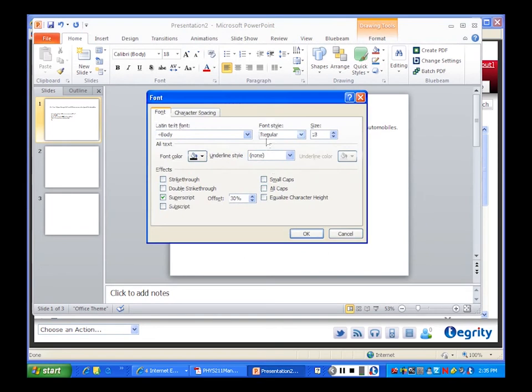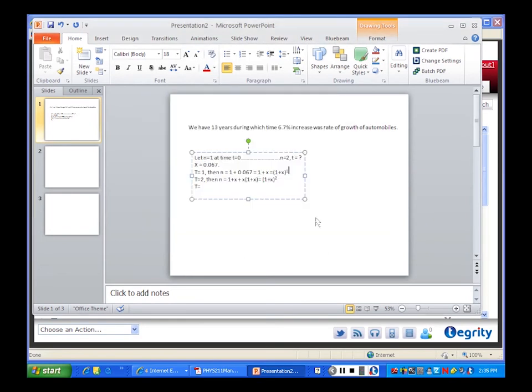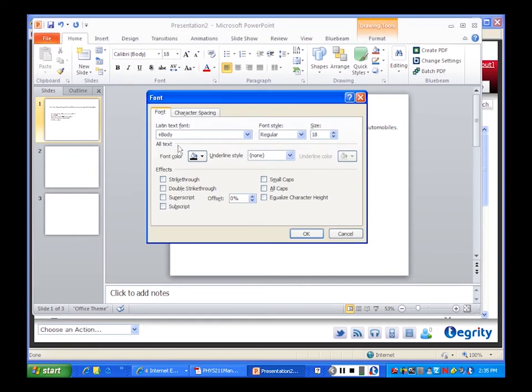Okay, so after year 1, the term 1 plus x is raised to the 1 power. After year 2, the term 1 plus x is raised to the 2 power. So after year whatever, let's say year 10, then the number would be parentheses 1 plus x raised to the 10th power, wouldn't it?